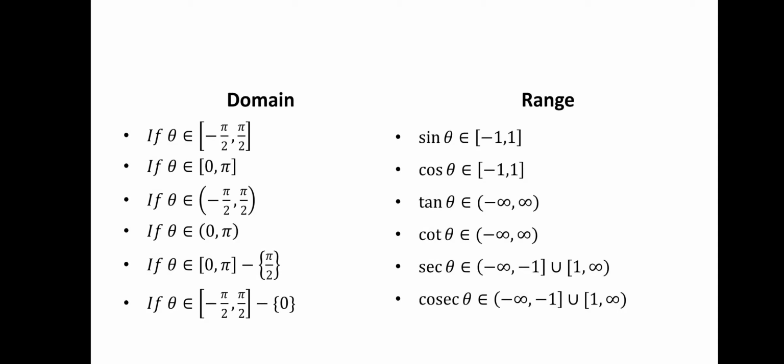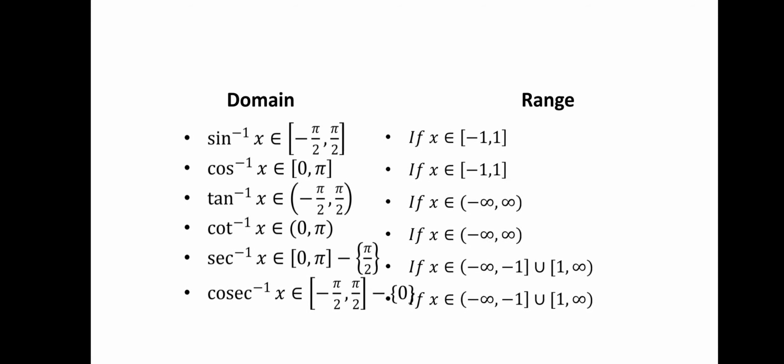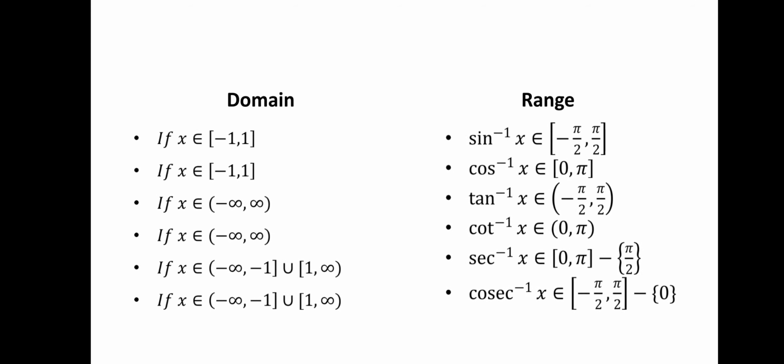In the inverse trigonometric function, we are trying to put the value and get back the angle. So if I try to write the domain and range for the inverse trigonometric function, what happens? Exactly, it just swaps from the domain side to the range side.